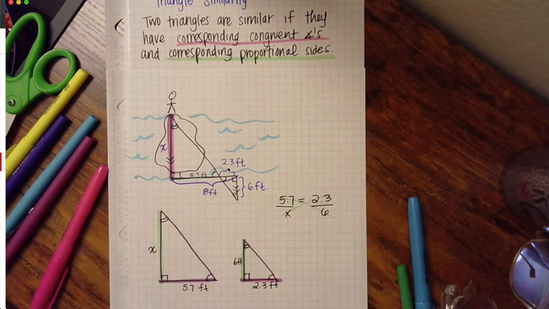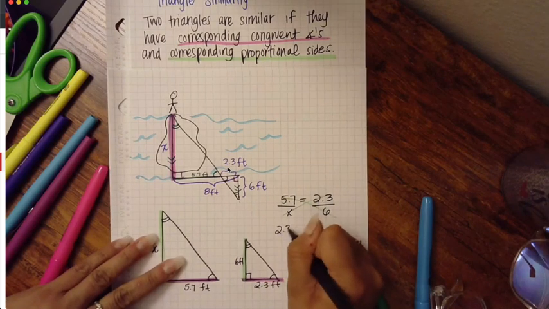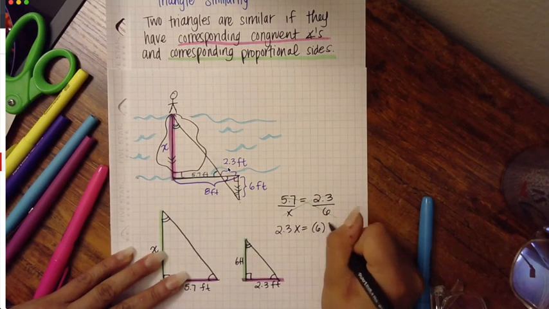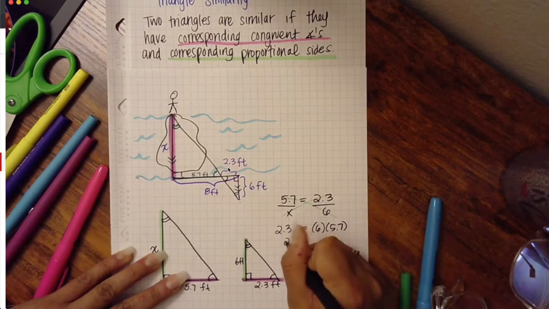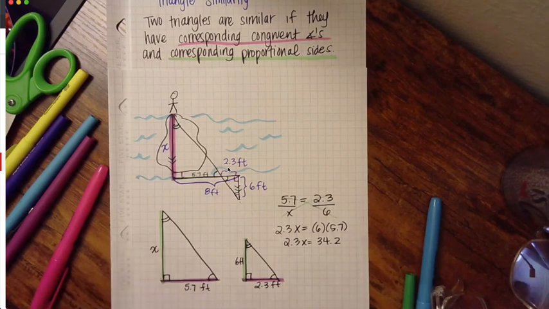When I have a fraction equals a fraction, I will cross multiply. So that gives me 2.3x is equal to 6 times 5.7, which is 34.2. So I get 2.3x equals 34.2. I'm going to divide both sides by 2.3.